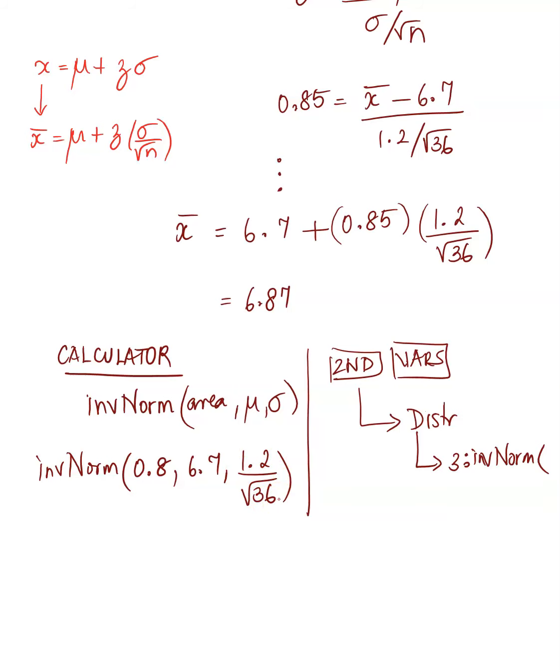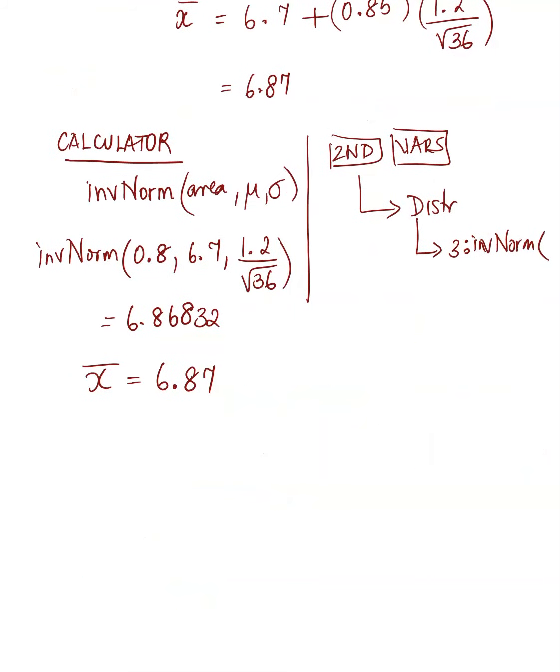And hit enter, and your answer comes out to be 6.868832 and so on. So x bar is 6.87 approximated. So you see that the answers match.